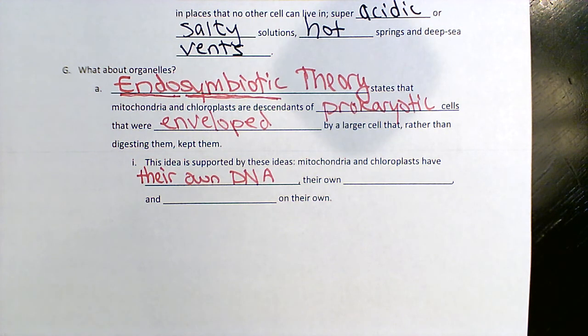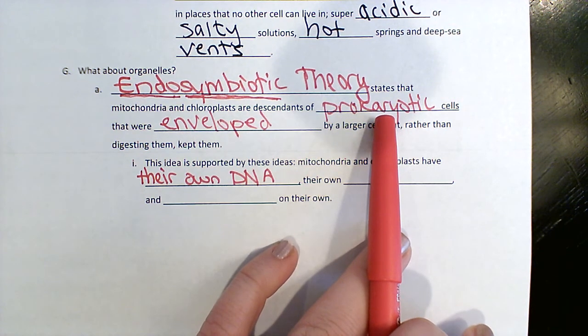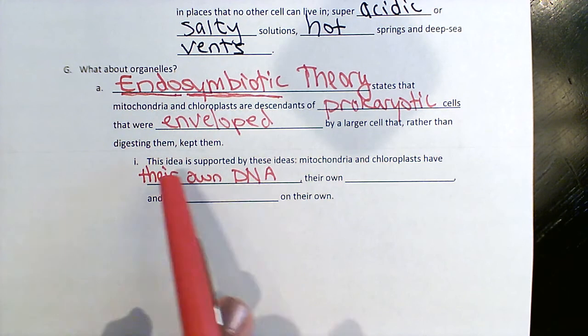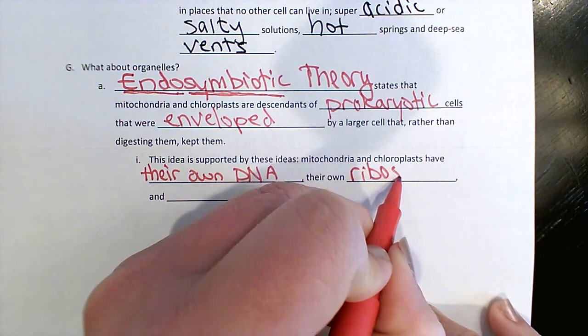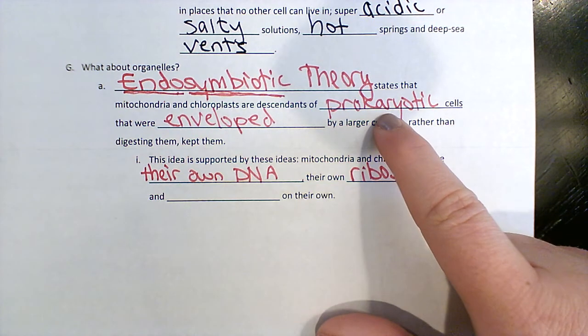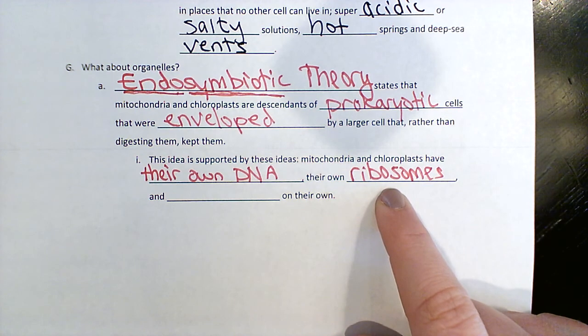Just like we're thinking they were a prokaryotic cell, well, if they took in a cell, that cell would have its own DNA. Not only do they have their own DNA, they have their own ribosomes inside, just like a prokaryotic cell would have.